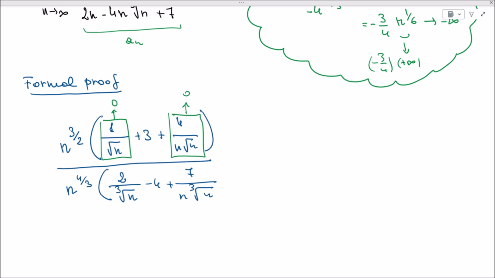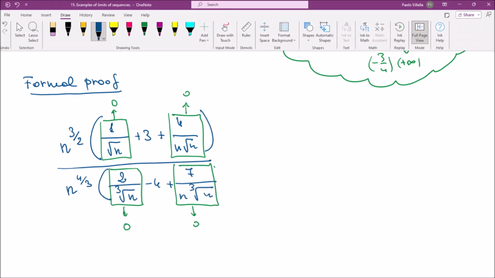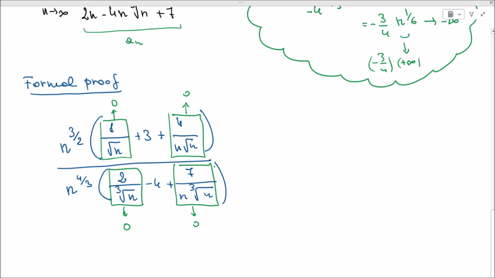This, of course, will go to 0. This will tend to 0. This will tend to 0. So we have that this will tend to n to the 1/6, which is basically the ratio between n to the 3/2 divided by n to the 4/3 times minus 3/4.